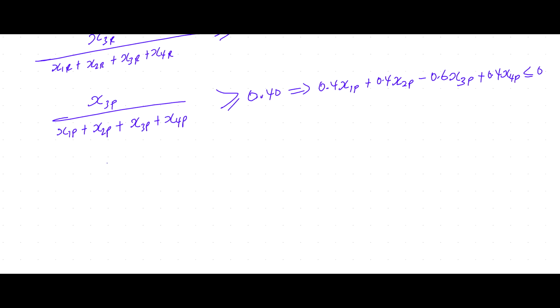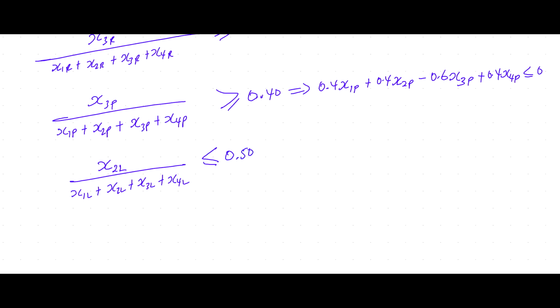So component 2 in low lead, 2L, in the component 1L plus 2L plus 3L plus 4L should be less than or equal to 50%, which is 0.5.